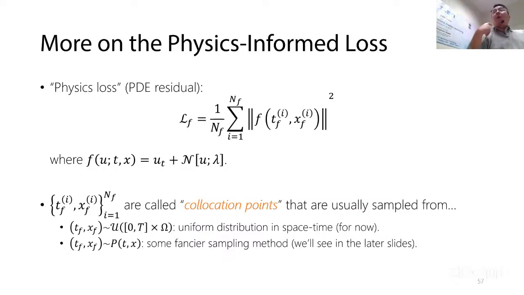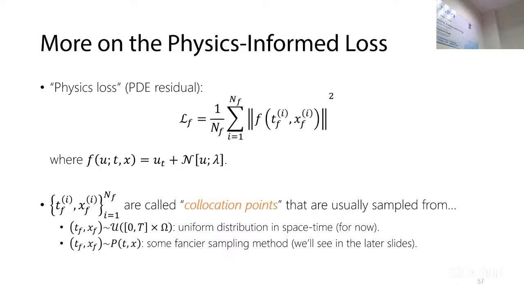If you're given an initial condition, then you already have some ground truth at time t equals 0, and those ground truth data points can serve as the data loss.